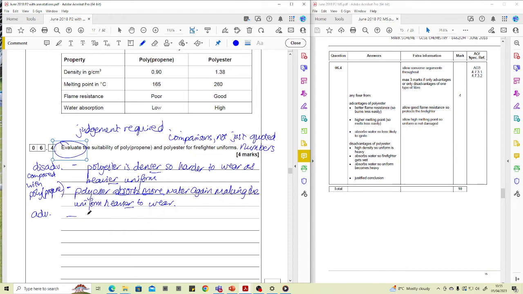So our advantages are it melts. Let's just make sure we know what we're talking about. Polyester, no pronouns. Polyester has a higher melting point, which is safer in a fire, preventing melting.